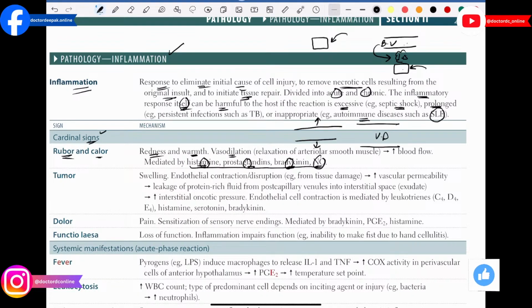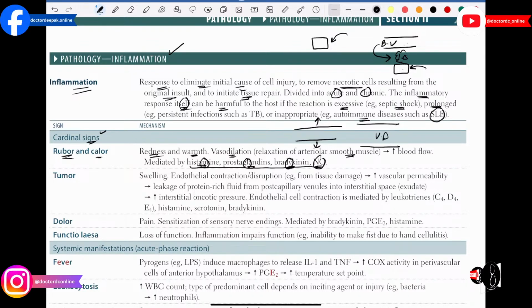In the blood vessel we have the arterial smooth muscle. On the arterial smooth muscle, these chemical mediators will work and lead to smooth muscle relaxation. So when the smooth muscle in the blood vessel becomes relaxed, the blood vessel will not constrict, so it leads to dilatation.